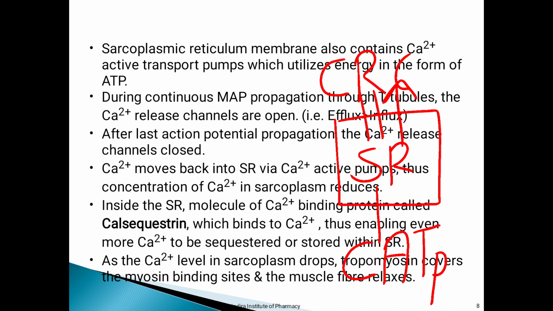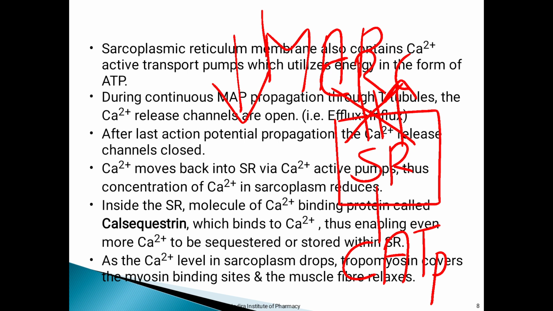But when the muscle action potential is decreased, this channel will close and calcium will flow.